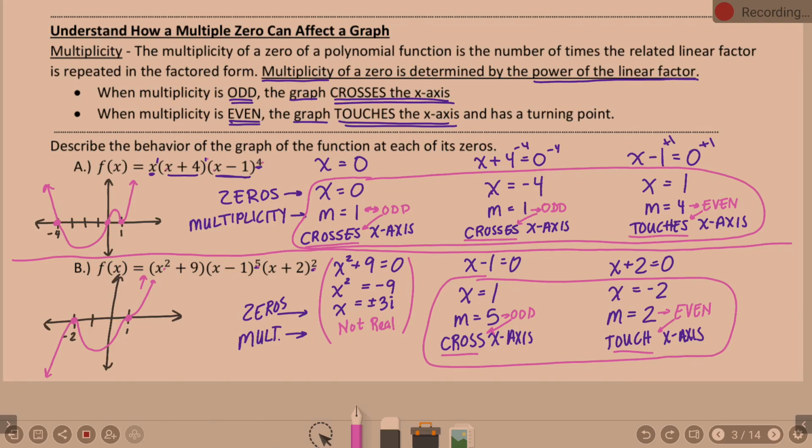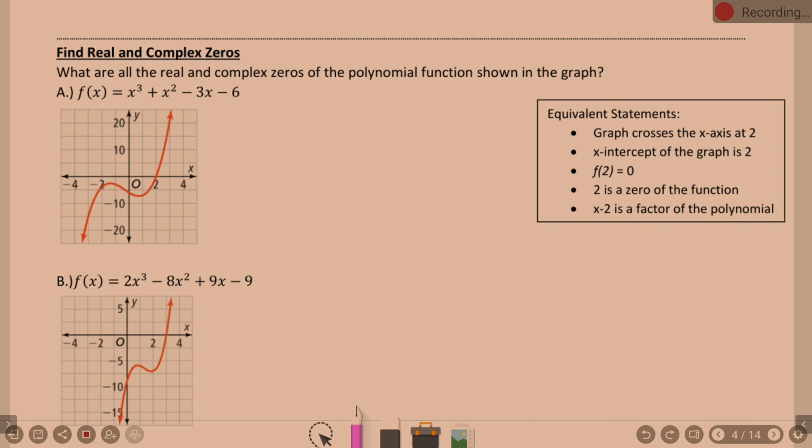Okay. Let's flip to the back. We'll see how far we can get in this today. Okay, guys. On the back, we've got several examples to work through. And they ask us, what are all of the real and complex zeros of the polynomial function shown in the graph? Now, notice it says real and complex.